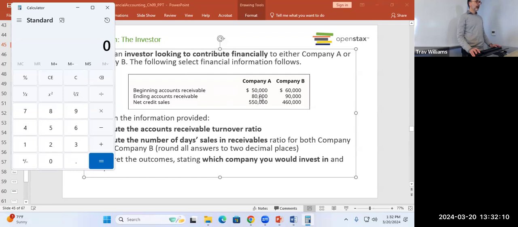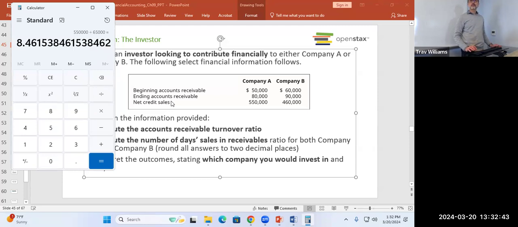Okay, so we have their average accounts receivable of 65,000. And then what do we do next? Sorry, what was that? After you get the answer, adding both and divided by 2, don't you divide it by 550,000? Well, we divide 550,000, the net credit sales, by the average accounts receivable. So we take net credit sales divided by the 65,000 that Susanna pointed out, and we get 8.46.